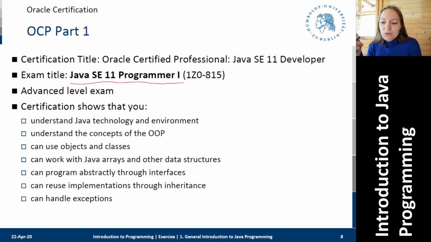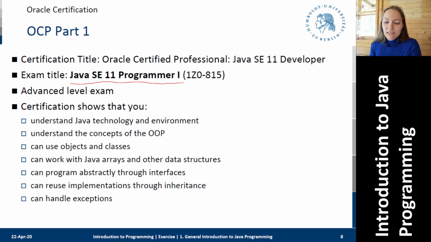And this certification shows that you understand Java technology and environment, understand the concepts of object-oriented programming, can use objects and classes, can work with Java arrays and other data structures, can program abstractly through interfaces, can reuse implementations through inheritance, and can handle exceptions. All these very nice concepts that now should not be understandable for you up till now.